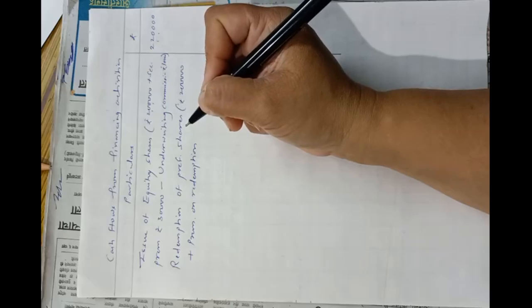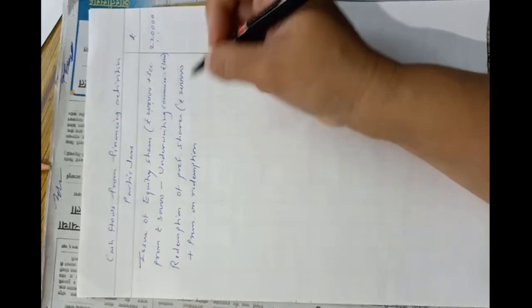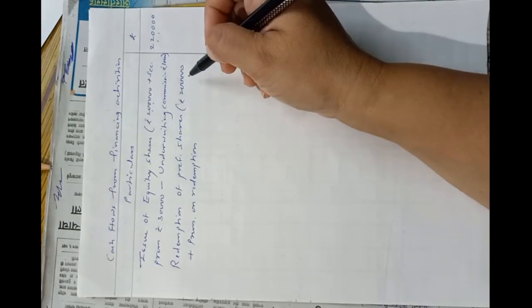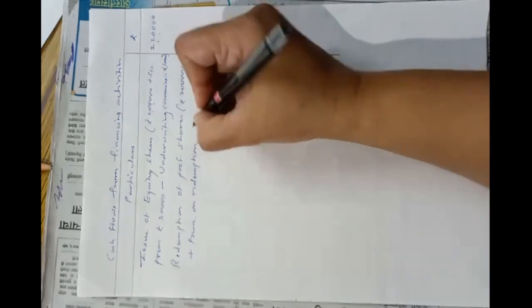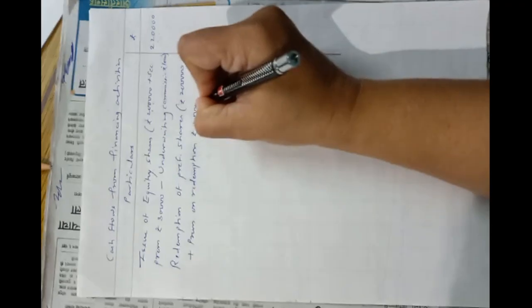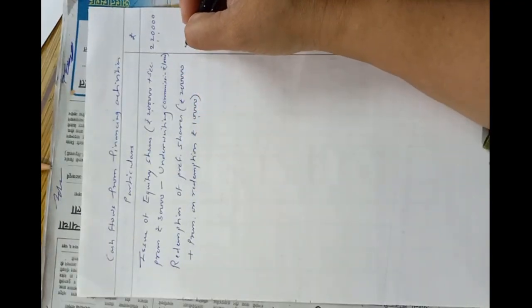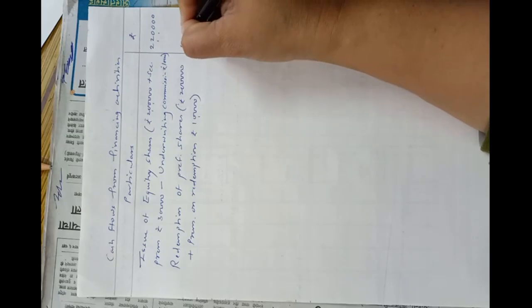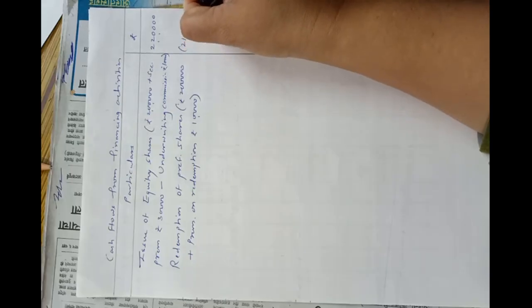They told us they were redeemed at 5% premium, so 5% of 2 lakhs is rupees 10,000. So the company will pay rupees 2 lakhs 10,000. The company has paid 2,10,000 rupees while redeeming the preference shares. Okay, now the next entry.